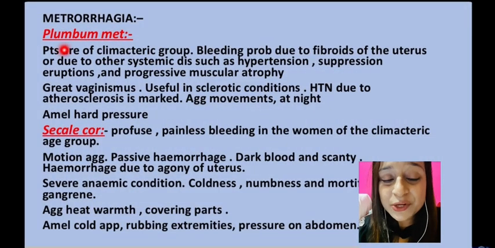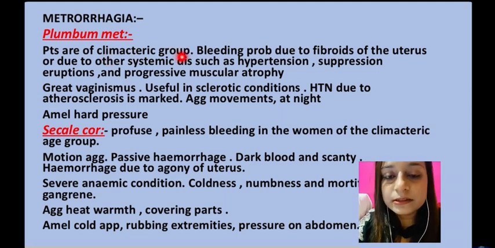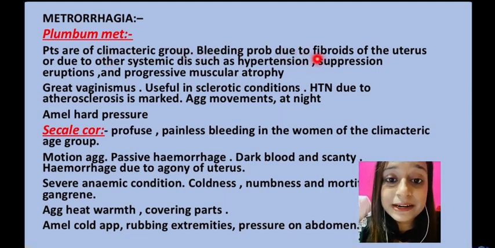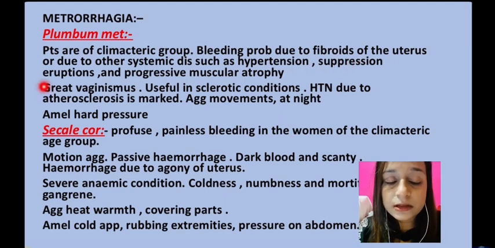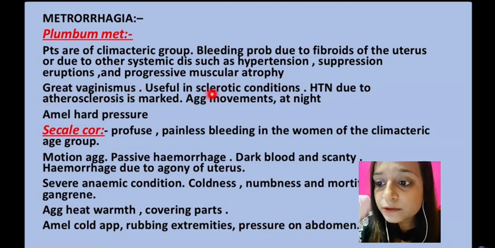Let's come to metrorrhagia. What are the remedies in metrorrhagia? There is plumbum met, and secale cor. I'll be telling you about plumbum met here. Patients are of the climacteric group. Bleeding is profuse due to fibroids in the uterus, or due to systemic disease, like hypertension, suppression of eruptions, and progressive muscular atrophy.